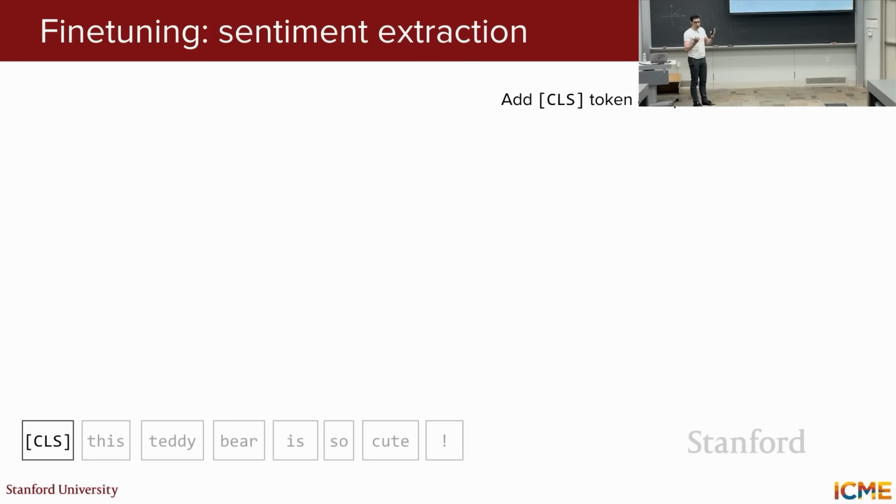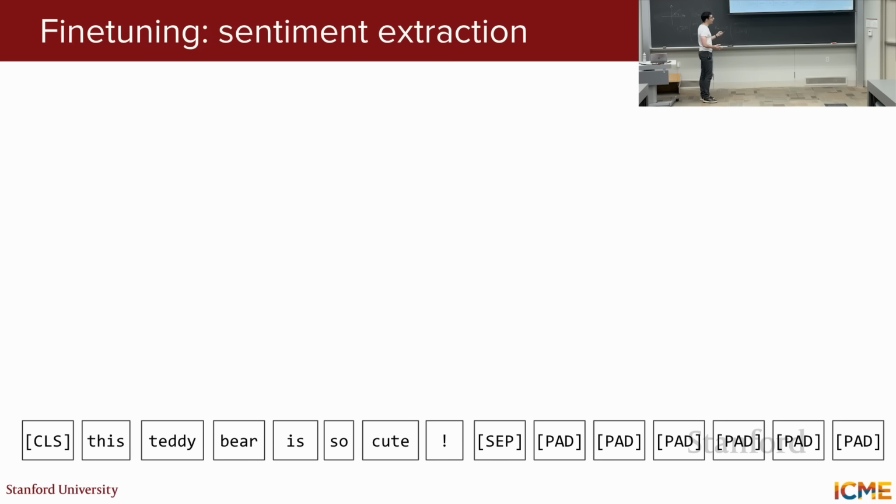Then, as I promised, we add the CLS token at the beginning, and then we add the SEP token. You also have these pad tokens that are used to fill out the sequence until the end, because when you train by batch, batches are composed of matrices that have a fixed length.